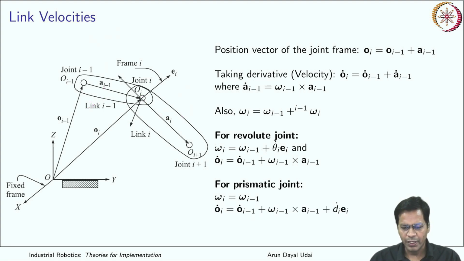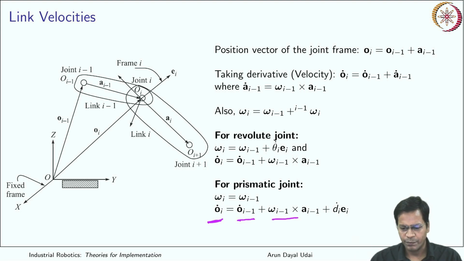Now let us look at what would be the linear velocity in that case. So linear velocity will be again similar to this. You will find O_i dot is equal to O_{i-1} dot. This is the velocity of the previous link, and there are two components this time.